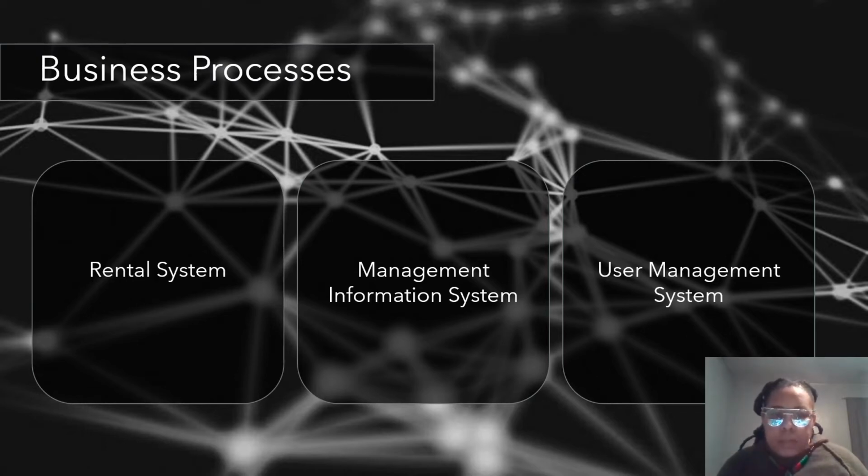The next thing that we talked about was the management information system. The management information system would support this process by collecting and reporting the data. This is something that would allow us to identify trends.